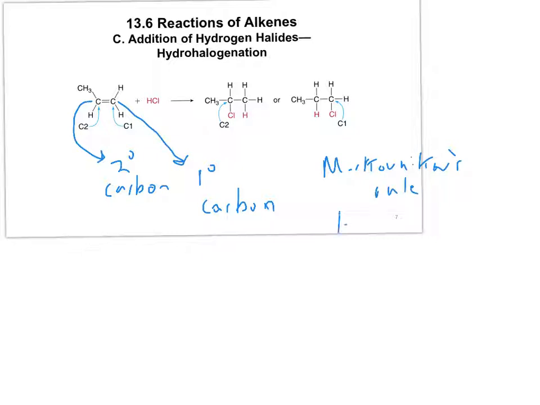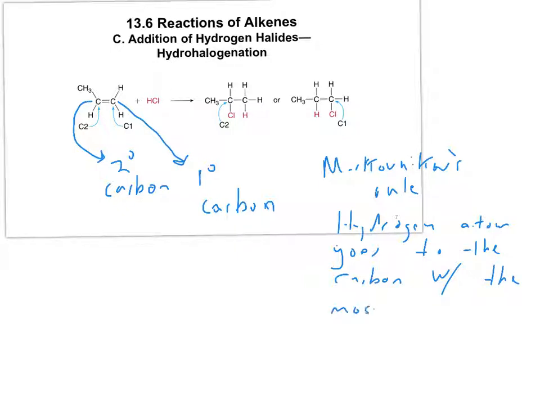It says that the hydrogen atom goes to the carbon with the most hydrogen atoms, as the major product. So if we look at this carbon, it's got 2 hydrogens bonded to it. This one has 1.